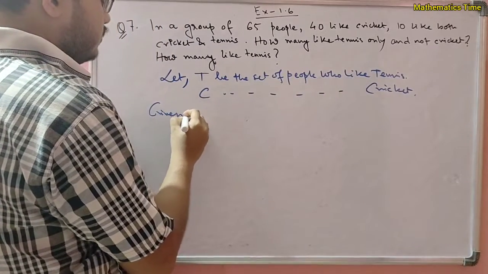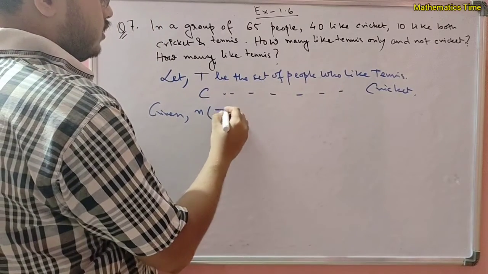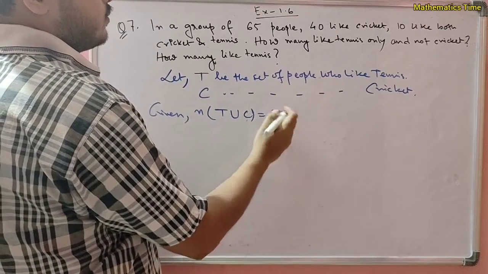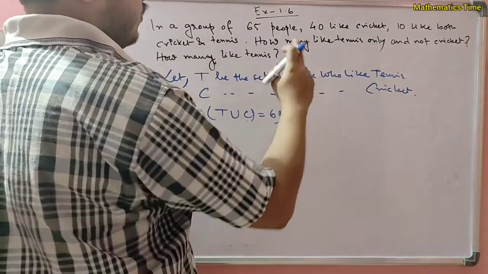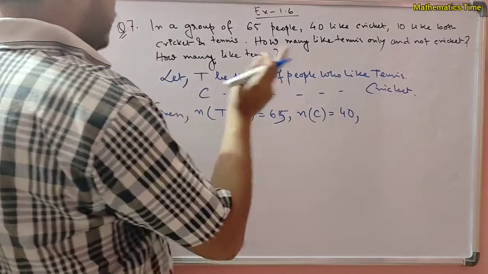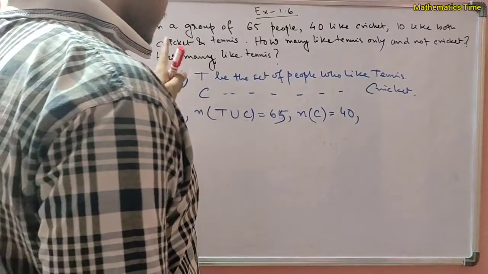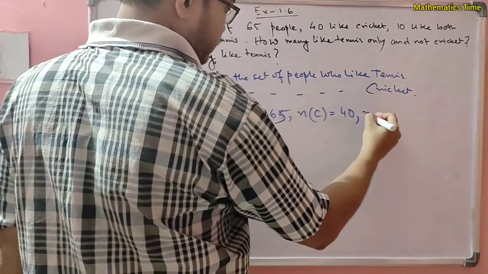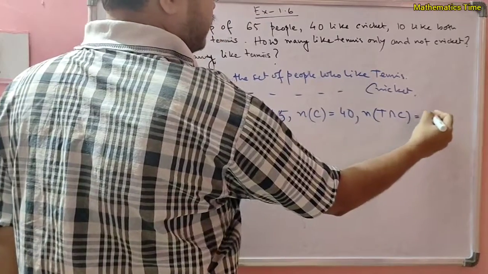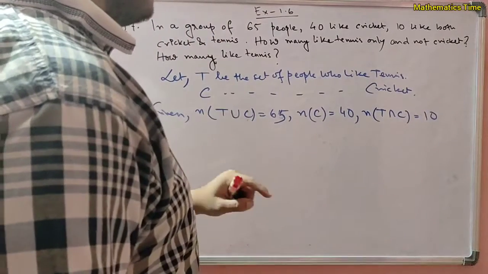What is given? n of T union C is 65, since it is a group of 65 people. 40 like cricket, that is n of C is equal to 40. 10 like both cricket and tennis, and "and" means intersection, that is T intersection C is 10.